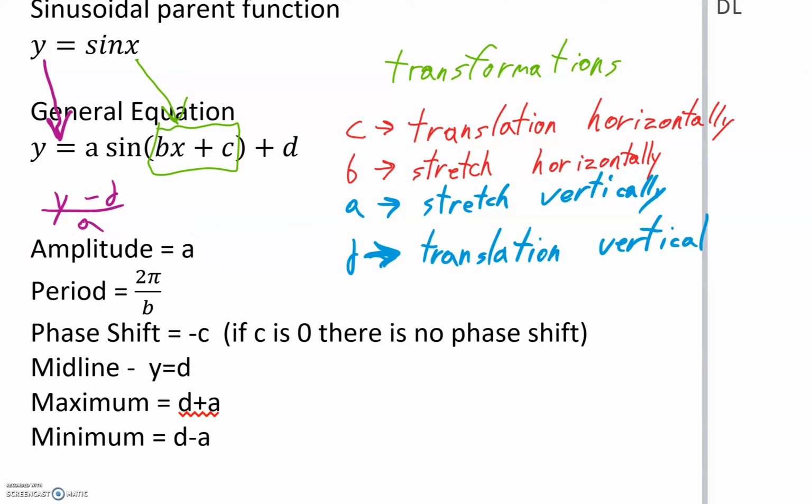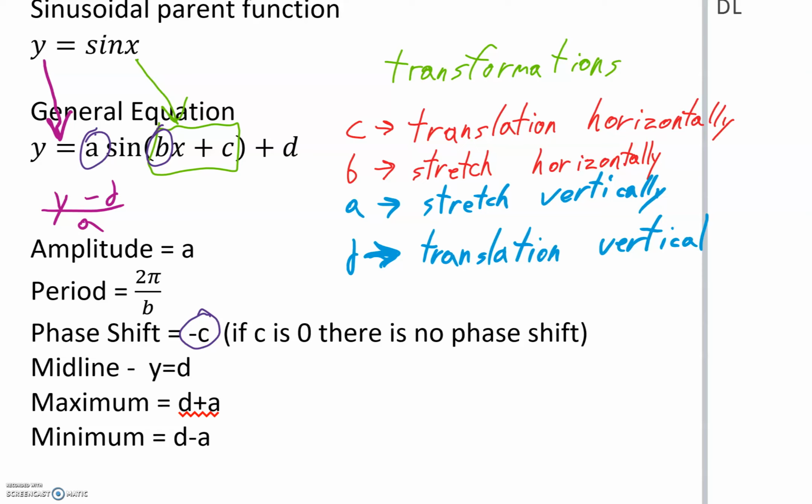The period is given by 2 pi over b. The phase shift is given by negative c, keeping in mind that we just need to know if there is a phase shift or not. If c is 0, there is no phase shift at all.